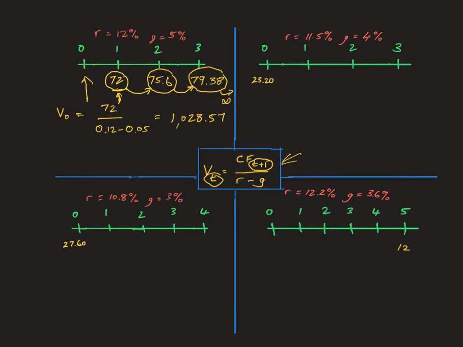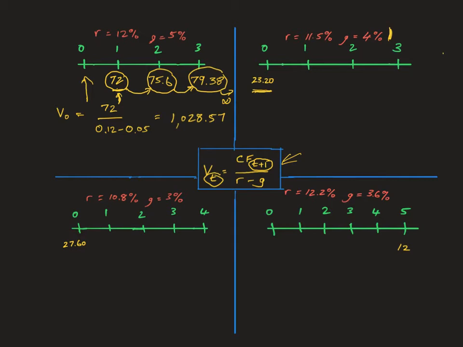Let's turn our attention to the example in the top right-hand quadrant. In this situation, we are given, as usual, the required rate of return and the growth rate. What is different here is that we have a cash flow at T0, and this cash flow here is something that one needs to be careful about. It obviously is useful information and we need it, but it does not directly become part of the valuation.